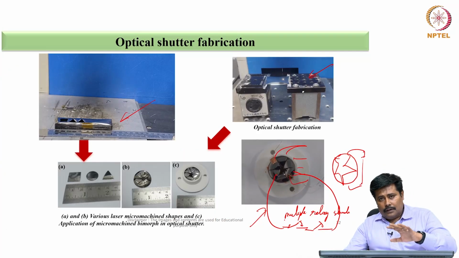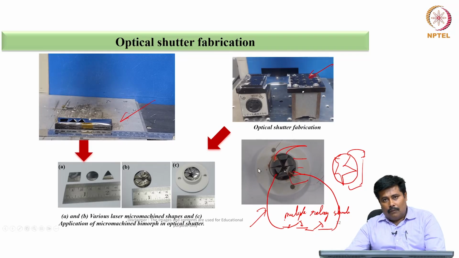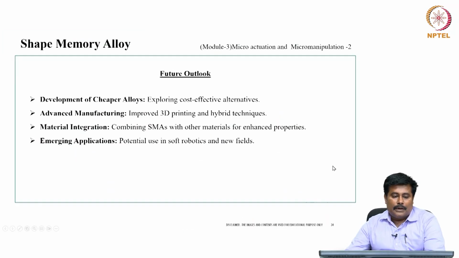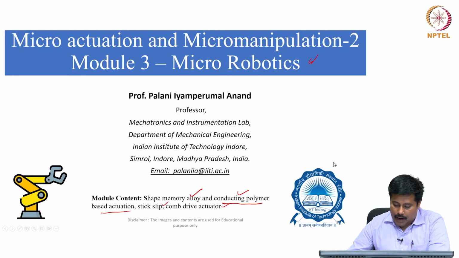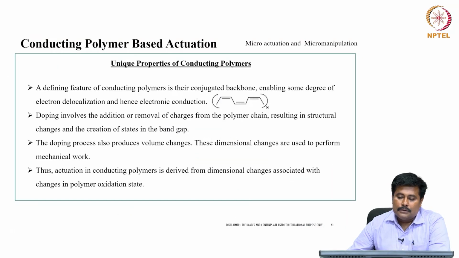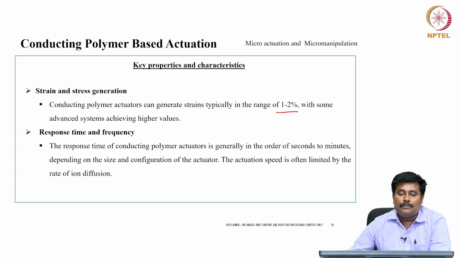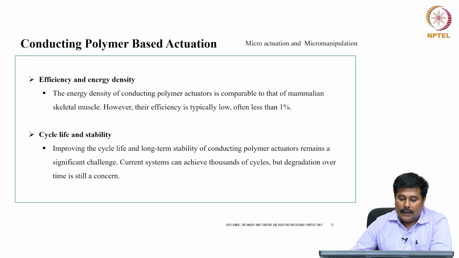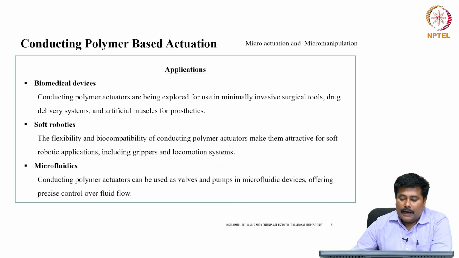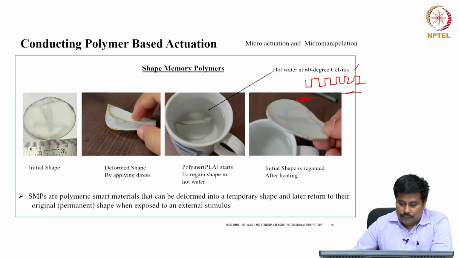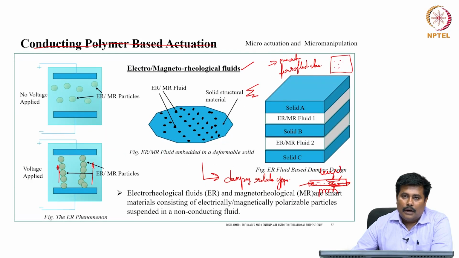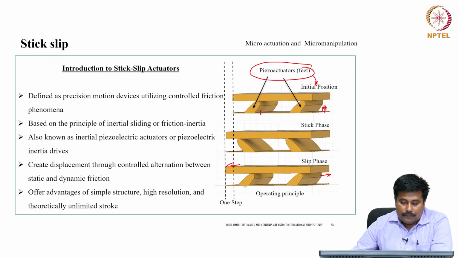And then what are the different micro fabrication steps involved in fabricating such shape memory alloy based structures. Then we had a discussion about the conducting polymers, the properties of the conducting polymers, different actuation mechanisms involved in the conducting polymers, the key properties, the device architectures, the overall applications, future directions. We also had a discussion about the shape memory alloy polymer and the electro-magnetorheological based fluids.